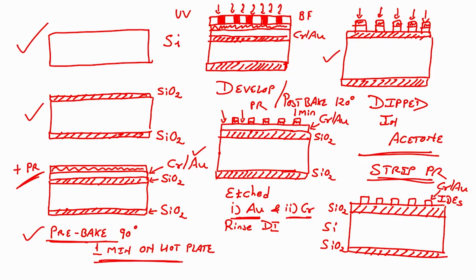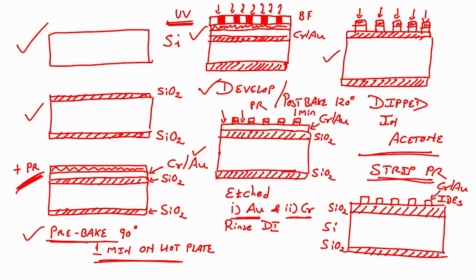Bright field mask is a pattern like this, and then we exposed it using UV. After exposing with UV, we post baked it and developed the photoresist. Because this is positive photoresist, the photoresist which is exposed will be etched, the photoresist which is not exposed will remain, alright.